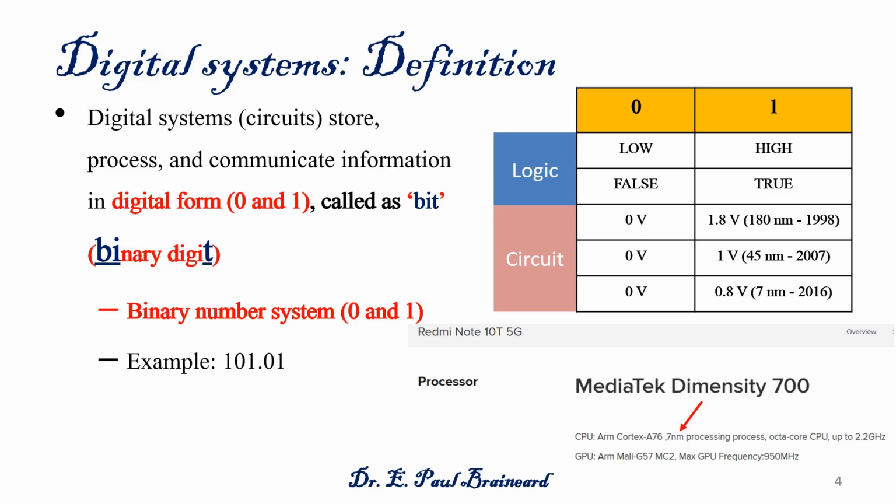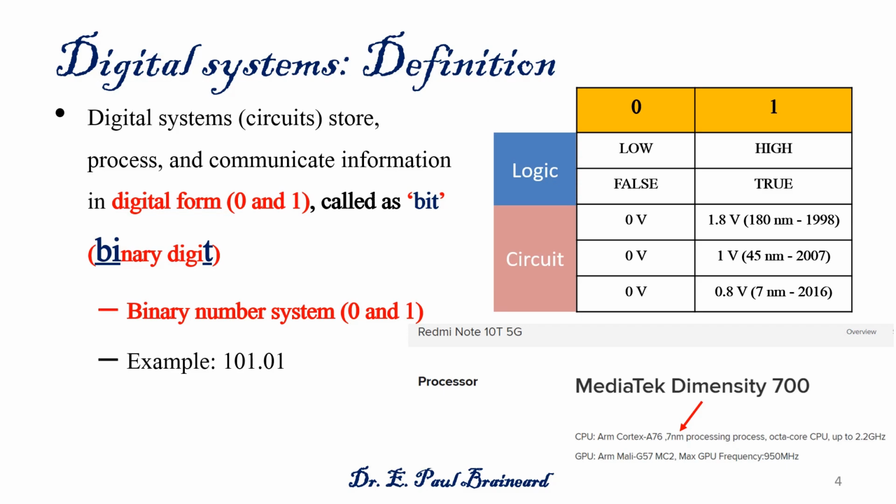Now we will look at what 0 and 1 mean. In logic language, 0 represents low or false state, while 1 represents high or true state. Speaking at circuit level, 0 represents 0 volts or ground potential, while 1 represents 1.8 volts for transistors or microprocessors fabricated using 180 nanometer technology released in the year 1998.